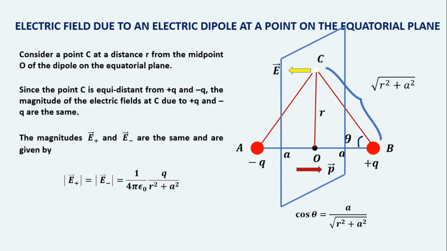So the magnitude of E plus equals the magnitude of E minus equals 1 by 4 pi epsilon naught into the source charge q by the distance square, that is r square plus a square. The direction of E plus is along BC, away from the positive charge, and the direction of E minus vector is along CA, towards the negative charge.